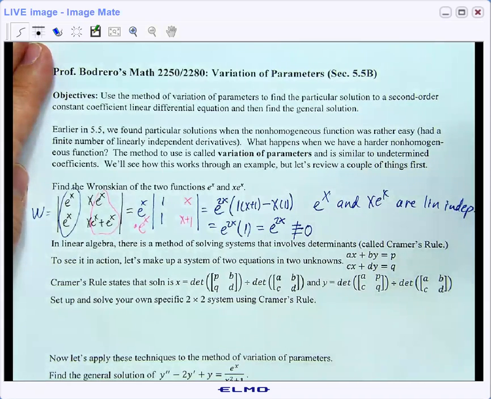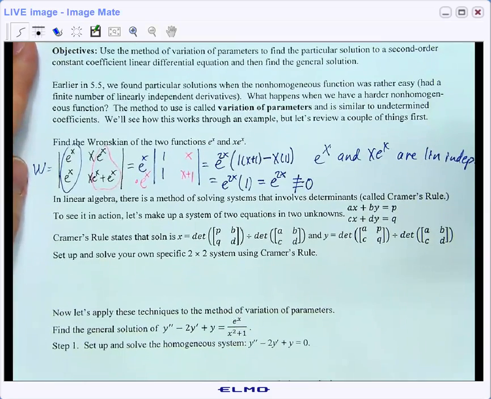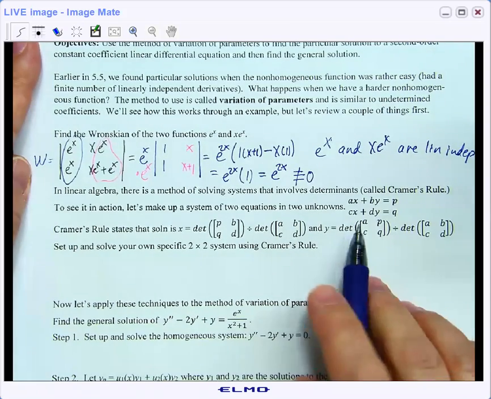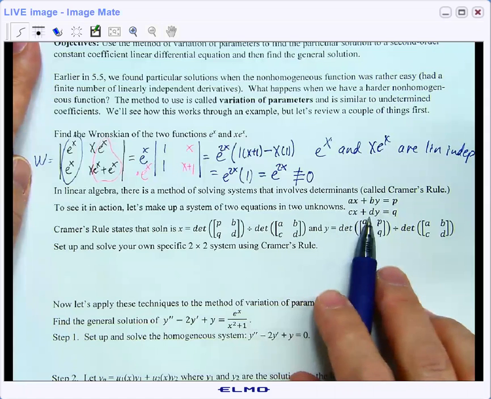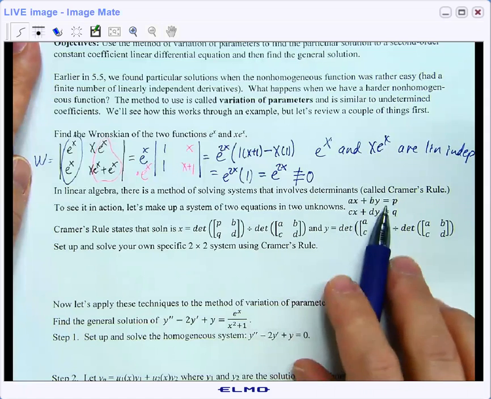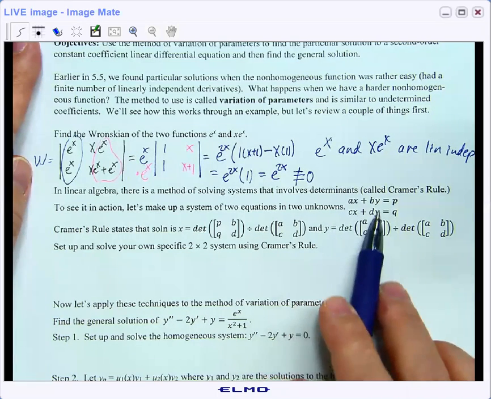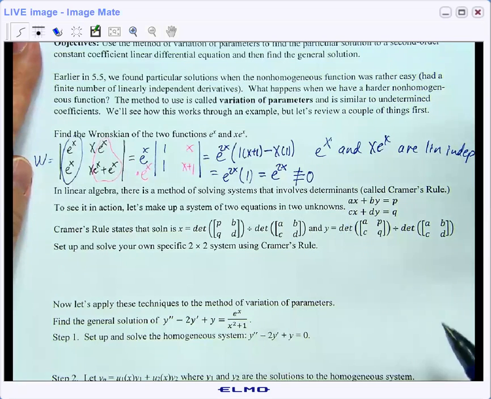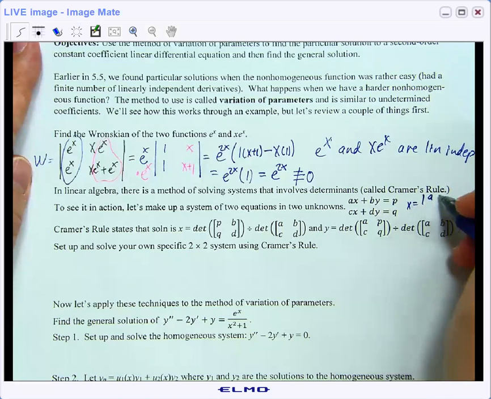Okay. Now, another thing that we want to talk about is solving a system using Cramer's Rule, and we'll look at a 2 by 2 system here. So let's say that we have the system ax plus by equals p and cx plus dy equals q. Cramer found out that if we can do a times d minus b times c and find the determinant, and if that determinant is not 0, then the solution to this is x equals the determinant of p, q in the first column.